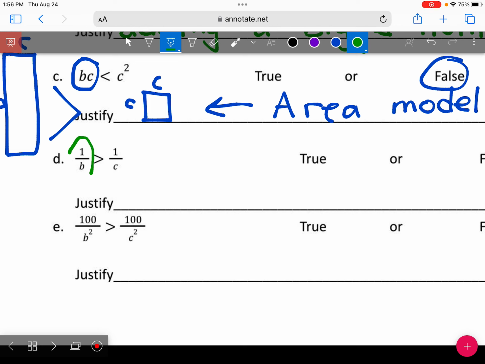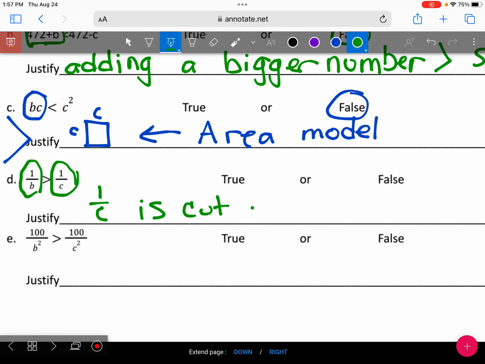Watch carefully though, because now we're into a fraction-y guy. 1 over B and 1 over C. Which one's going to be bigger? The C one. Because 1 over C is cut into fewer pieces.